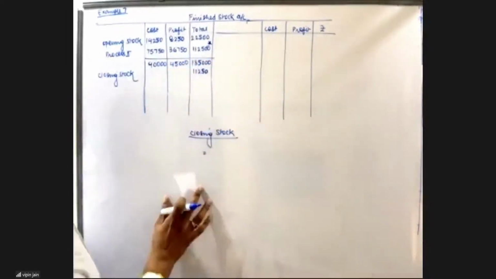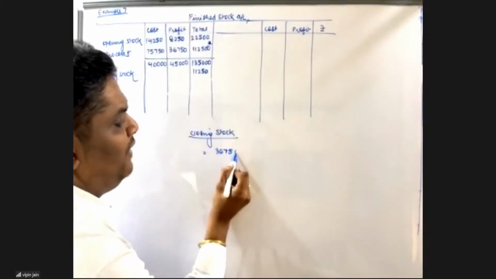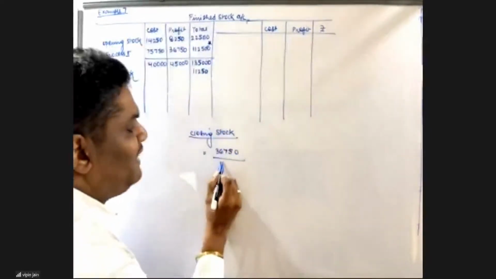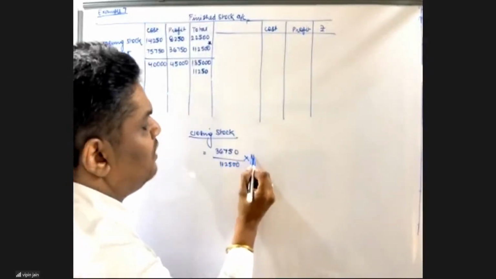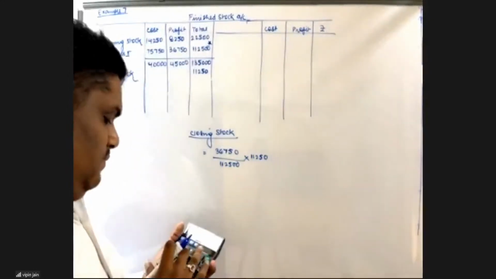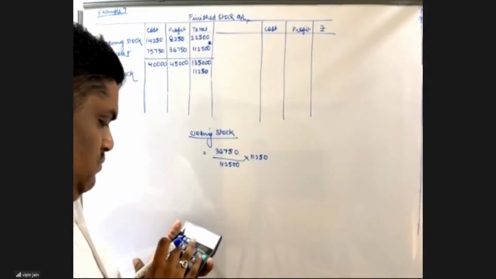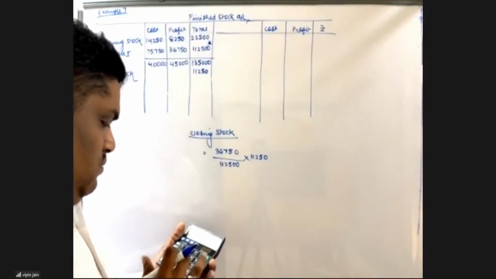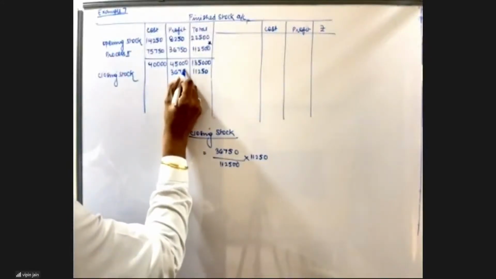So we will not be taking 45 and 135, but we'll be taking 36,750, the total profit on 1,12,500. And my closing stock is 11,250. So how much will be my profit? This will be 3,675.